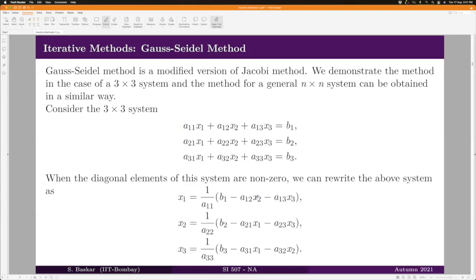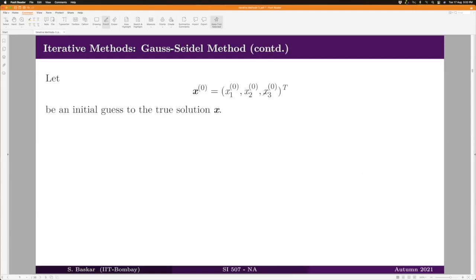As long as the diagonal elements are not equal to 0, you can always write this given system in this form. In the last class also we have seen this. Now, as we did in the Jacobi method, we will start with an initial guess, which we will denote by x0.